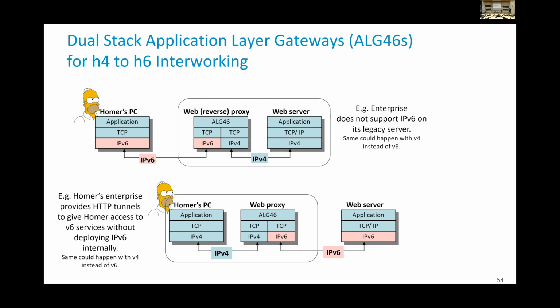So the application will be able to handle both. So that is one way. It's called an application layer gateway 4-6, in the sense that it's one that has both IPv4 and IPv6. So this application layer gateway needs to be dual stack. It's a host that has both IPv4 and IPv6, and it must be connected to an IPv4 network on one side and an IPv6 network on the other side.